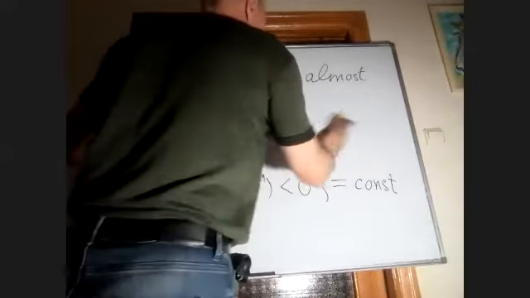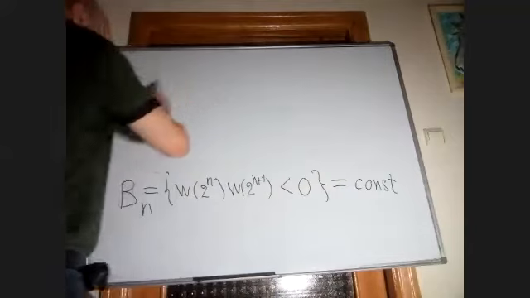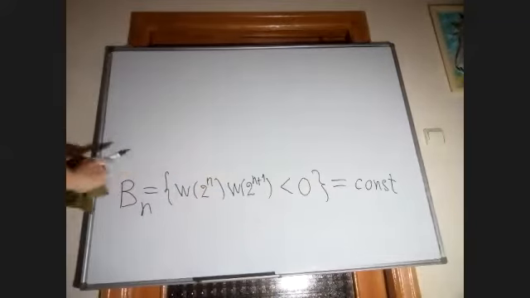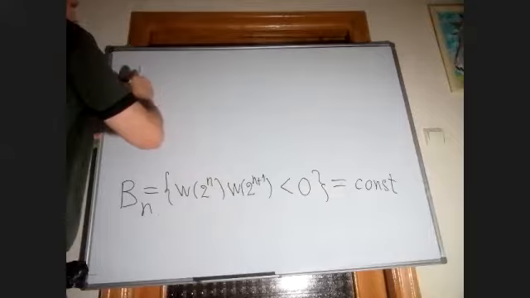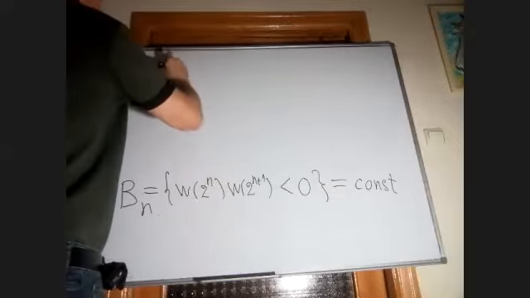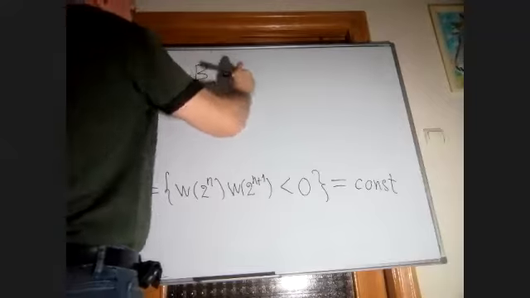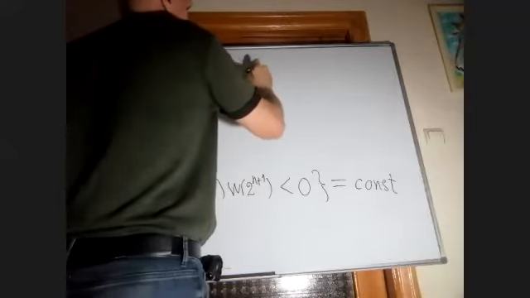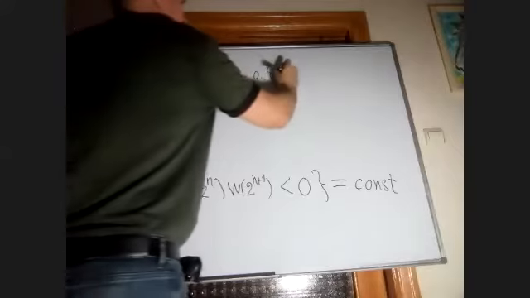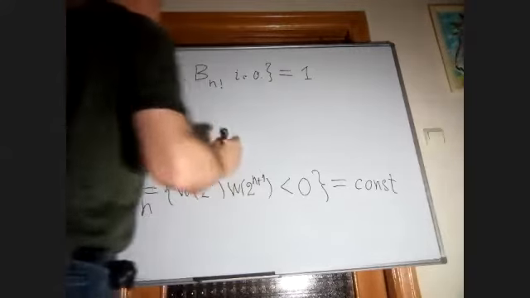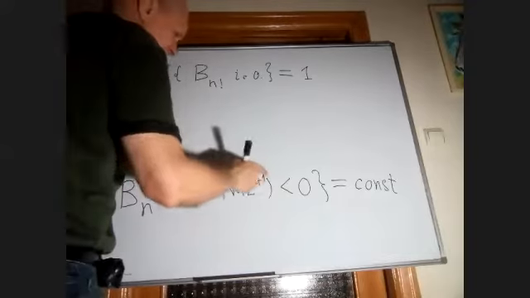Finally, we get the following statement: if we consider, for example, B_(n!), then B_(n!) occurs infinitely often with probability equal to 1. What is the proof?